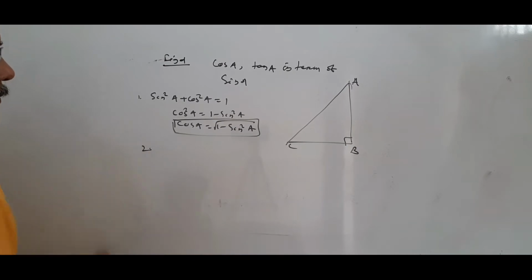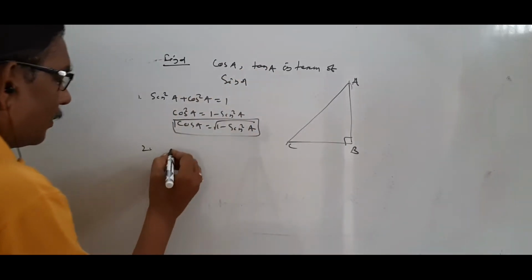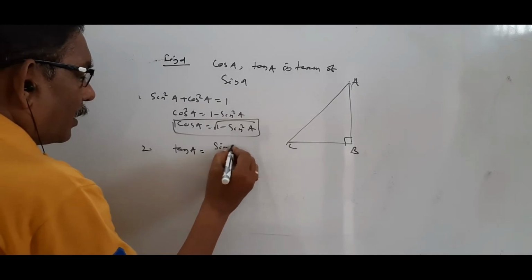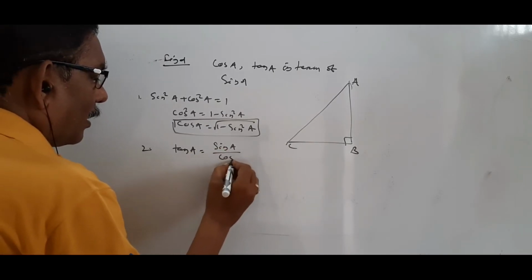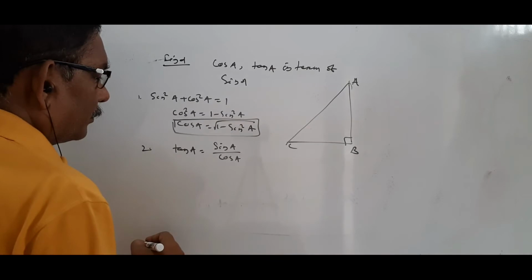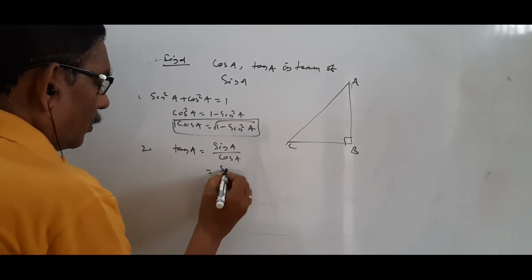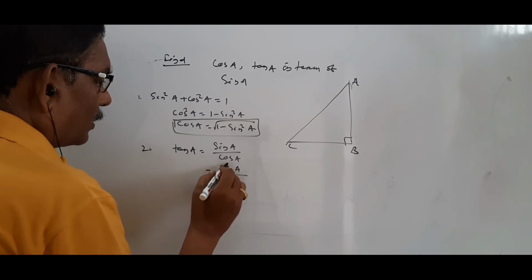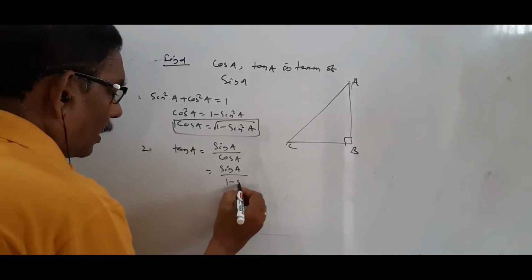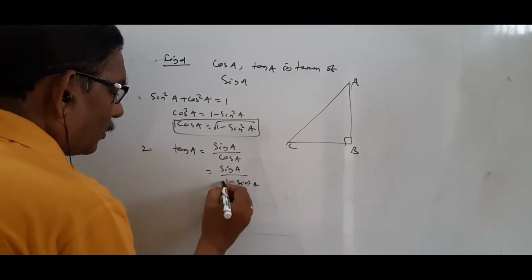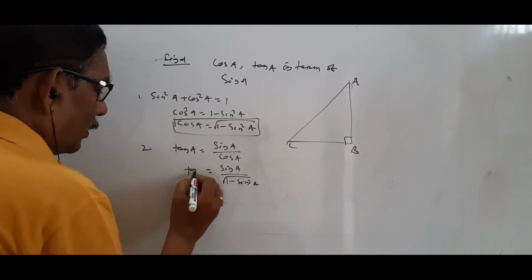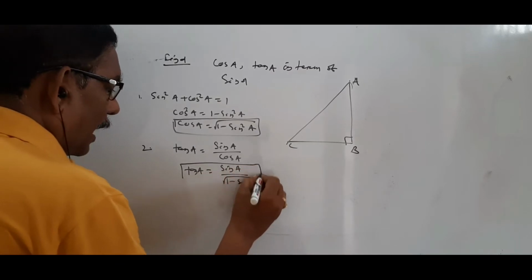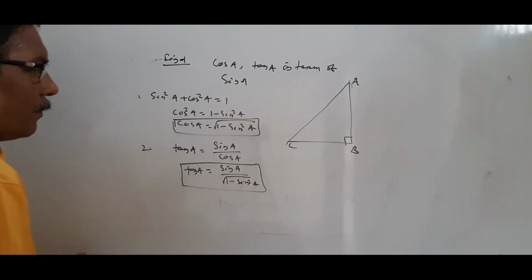Second, tan A. You know that tan A is equal to sin A by cos A. So sin A, now converting cos in terms of sin, divided by the square root of 1 minus sin square A. This is your tan A. In this way, you try to practice more problems at home.